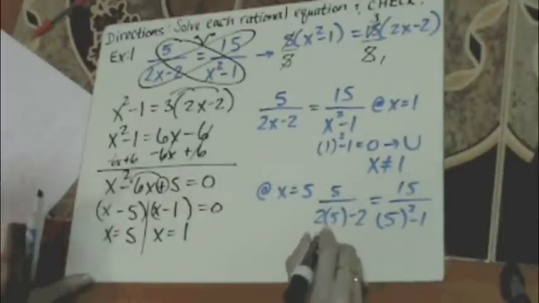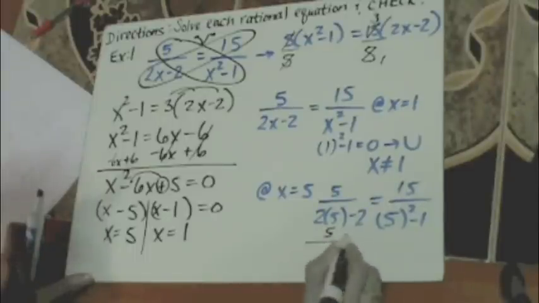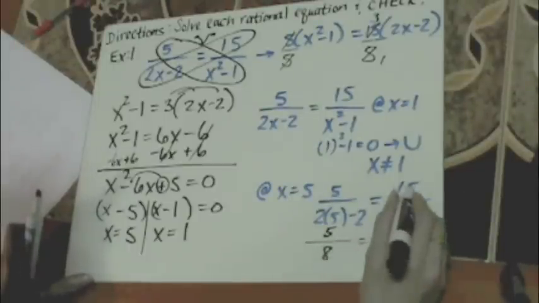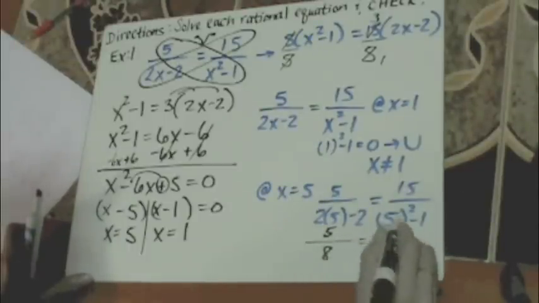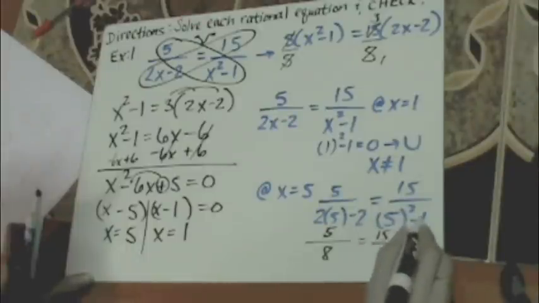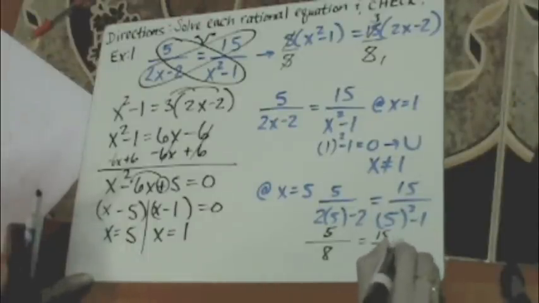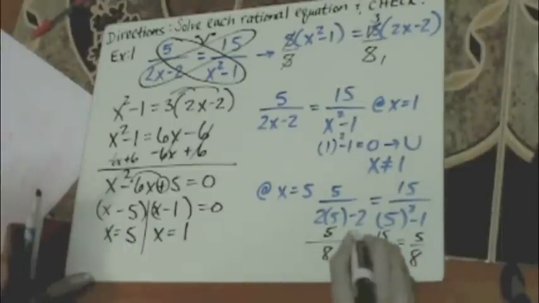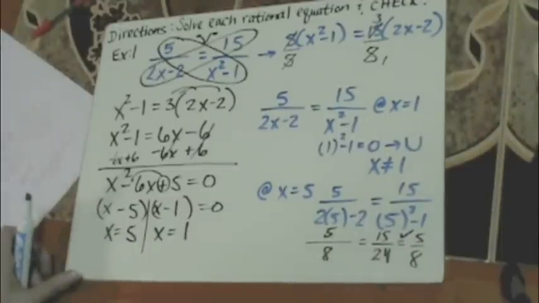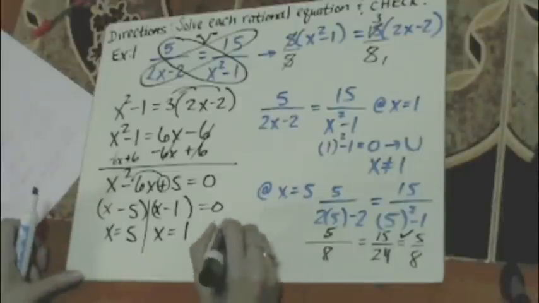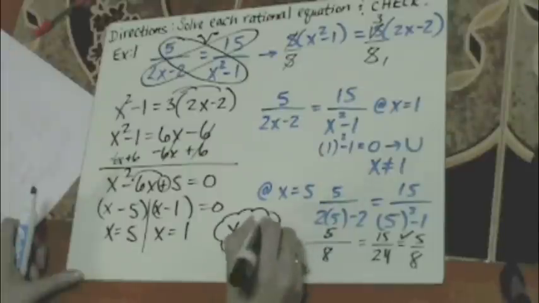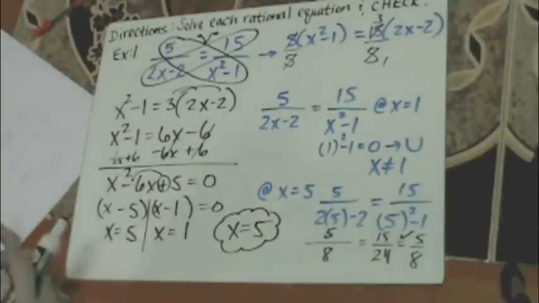So I've got 5 divided by, that's 10 minus 2, which is 8, equals 15 over 25 minus 1, which is 24, which does reduce to 5/8. So 5/8 equals 5/8, so it does check. So x is equal to 5 is my only answer here. 1 is rejected.